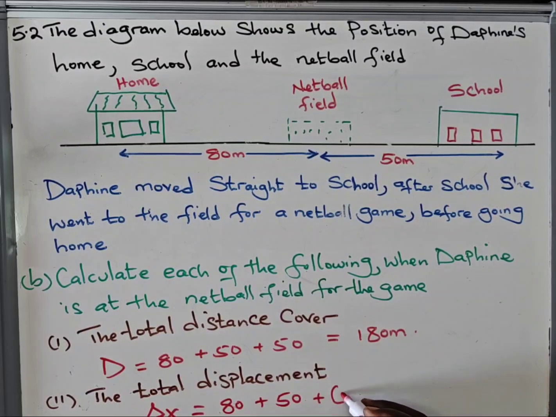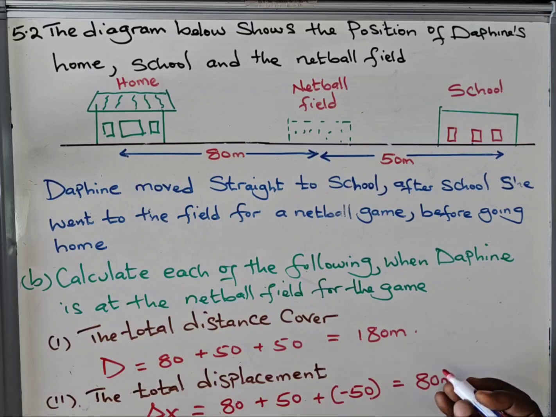So displacement is minus 50, giving us 80 meters. And 80, because displacement is a vector, is positive, which means it is to the right of the initial position.